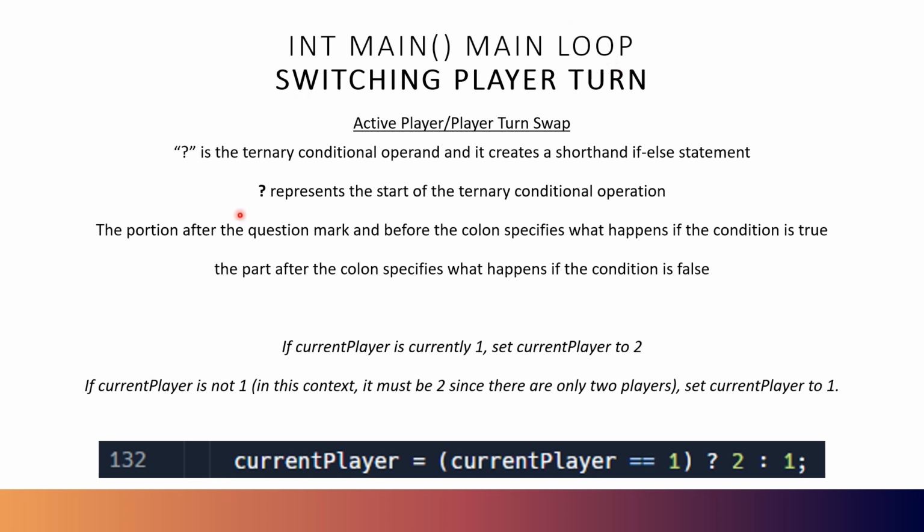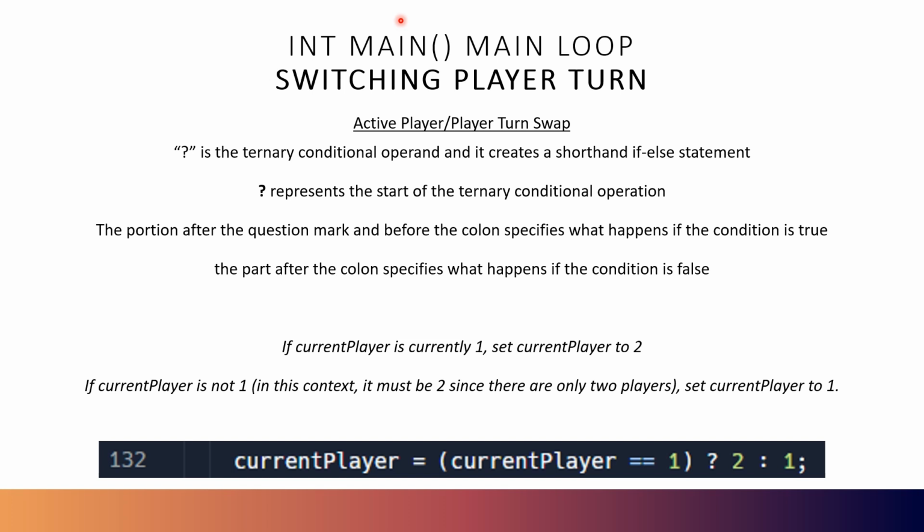At the end here, we have the switching player code. The way this works is that it uses a ternary conditional operator, which is a shorthand if-else statement in C. The part in the parentheses is the conditional expression that checks if the variable current player is equal to 1.